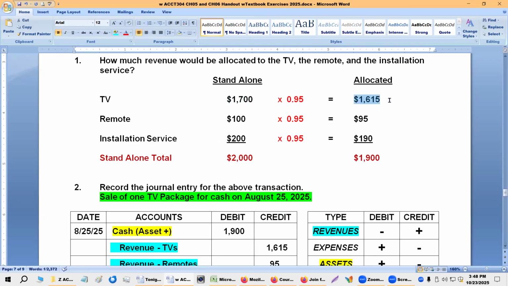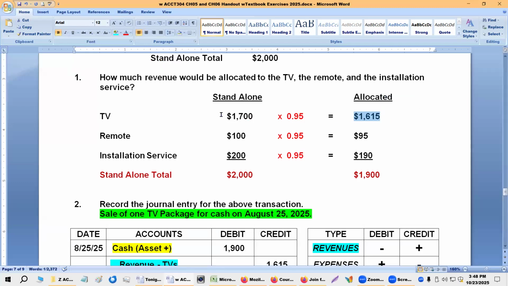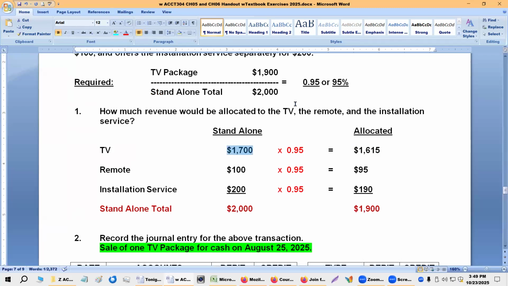Now that I said that out loud, I'm going to make sure I didn't just tell you something stupid. 0.85 times 1900. Yeah, 85% times 1900 will give you the same thing. But you have to do basically 3 calculations instead of 1. You have to do this calculation for all 3 of them, because it will be the standalone price over the standalone total for each one.